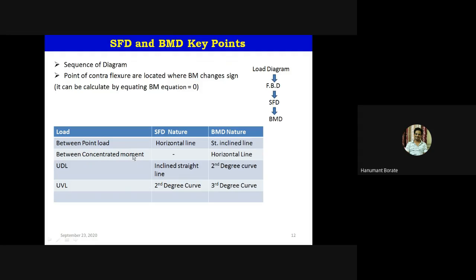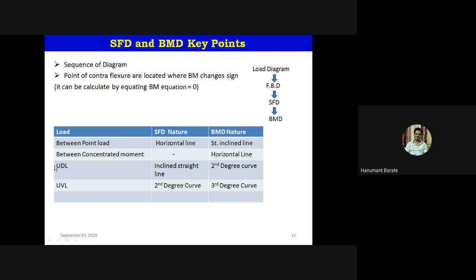For concentrated moment, whenever there are only two concentrated moments acting on the beam, then that concentrated moment doesn't affect the SF, because definition of SF is it is algebraic sum of vertical forces. So this moment doesn't take part in a shear force calculation, or it doesn't affect the shear force value, right? So that nature remains same. And for the bending moment diagram, between concentrated moments is always a horizontal line.